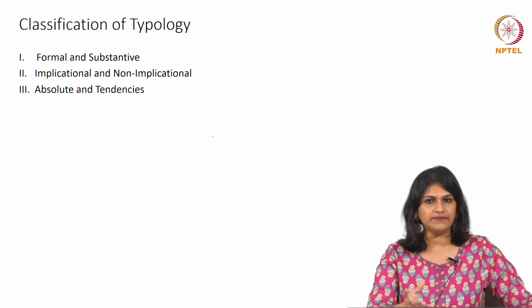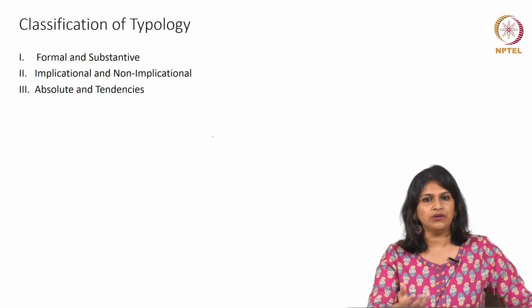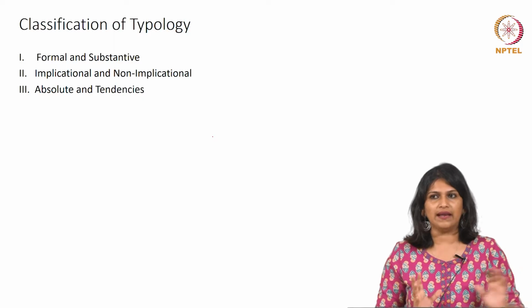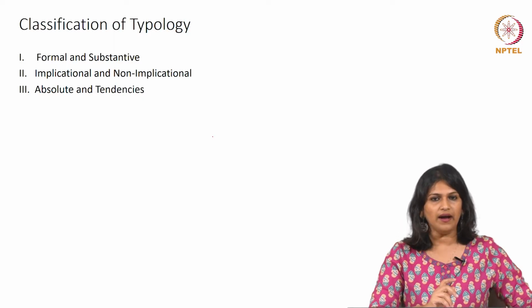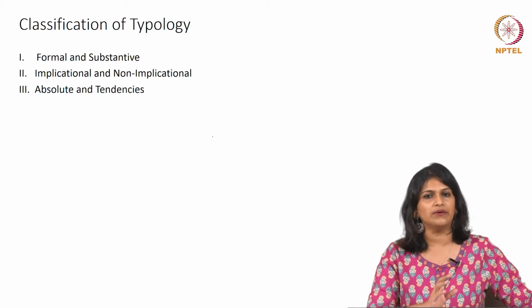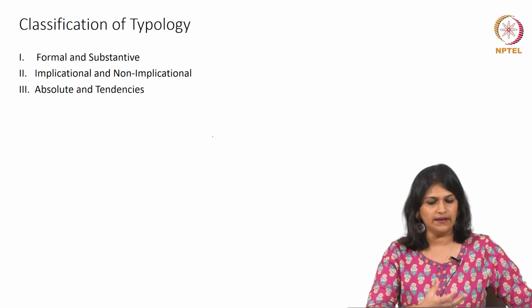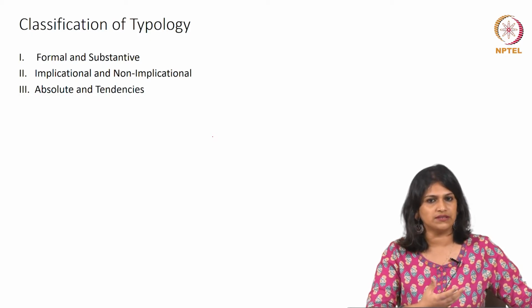Some of them could be implications, some of them could be absolute ones. If you look at the way language universals have been studied so far, you can categorize them in a certain way, and how you categorize them is important to understand the types of universals from a typological fashion.